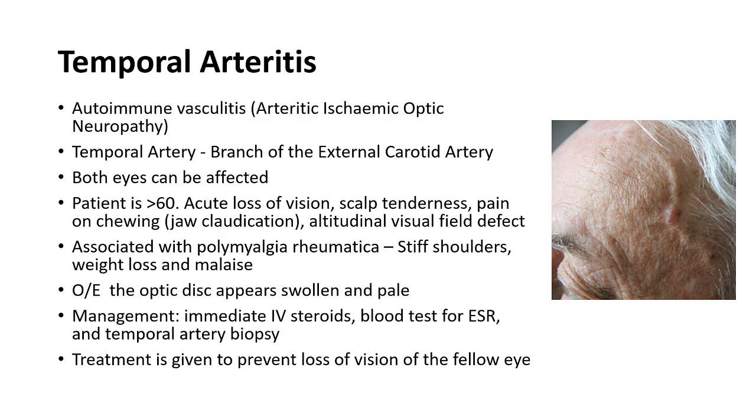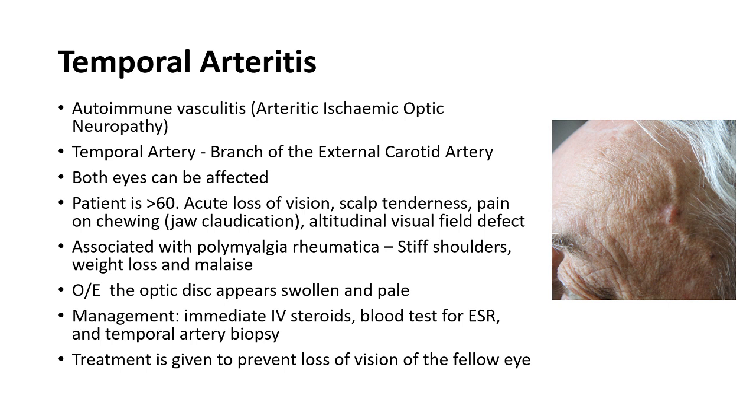Temporal arteritis is an autoimmune vasculitic inflammation of the temporal artery. This is a branch of the external carotid artery found on the scalp. Temporal arteritis is also called arteritic ischemic optic neuropathy due to its resulting ischemia of the optic nerve.